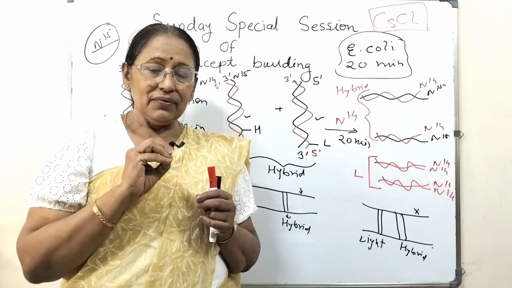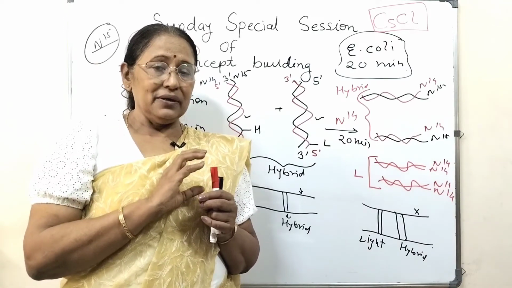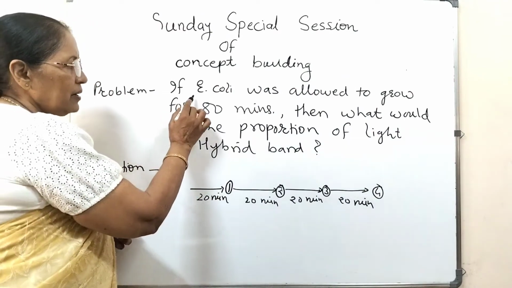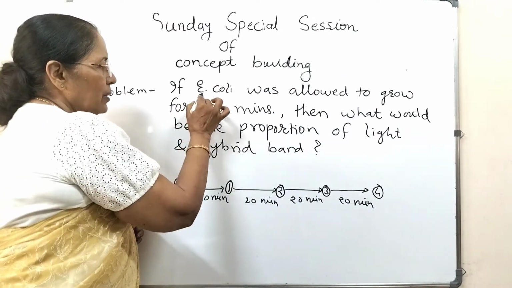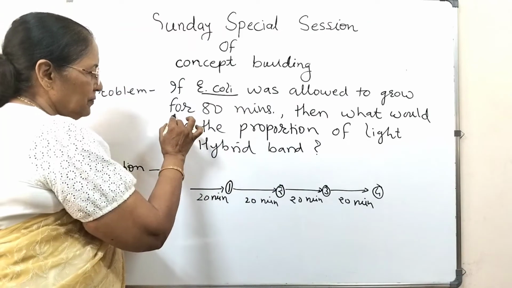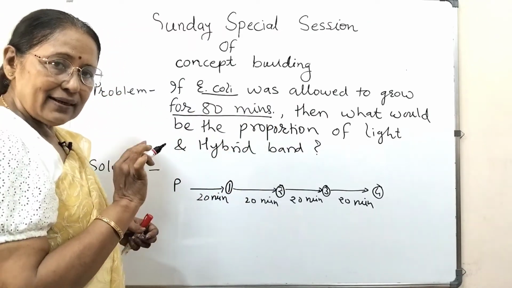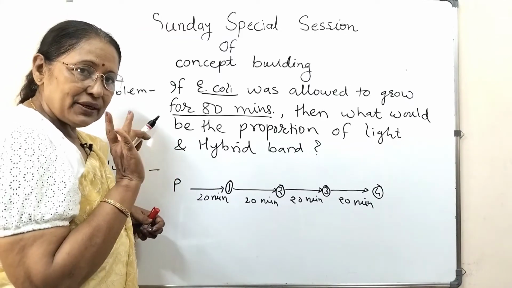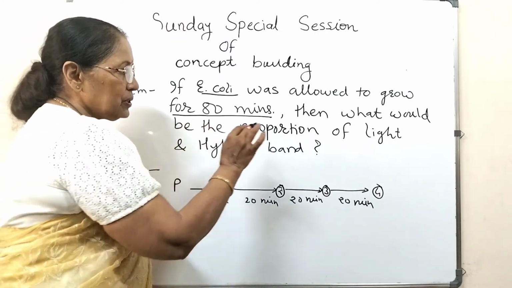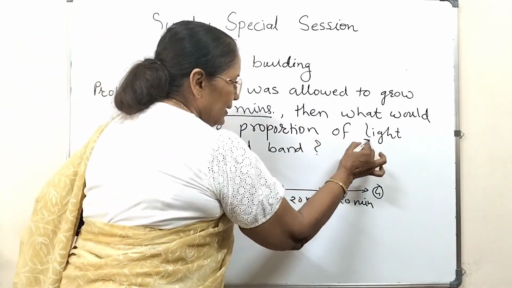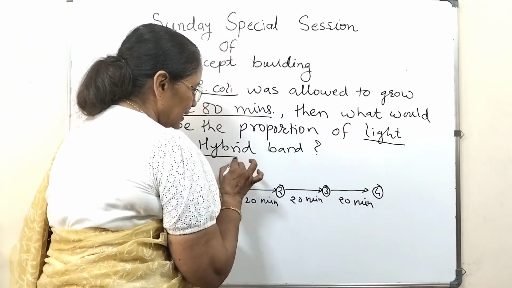Let us solve a problem based on this experiment. See the problem. If E. coli was allowed to grow for 80 minutes, you know that it reproduces every 20 minutes. So what would be the proportion of light and hybrid band?